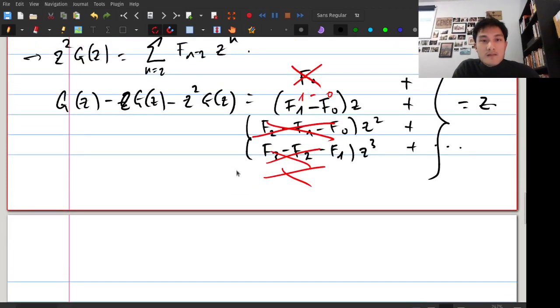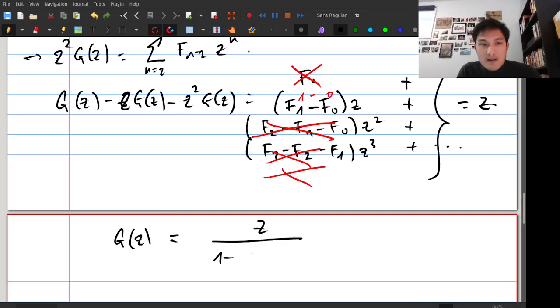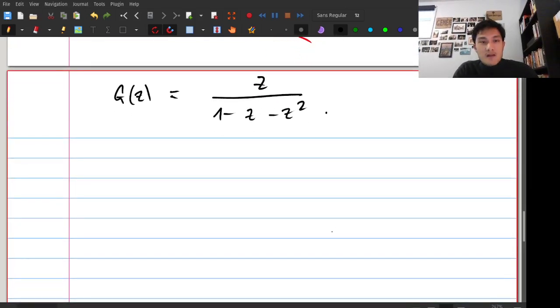Now, what we've shown is that, dividing out by g of z and then moving to the other side, you get g of z is equal to z over 1 minus z minus z squared. Okay?